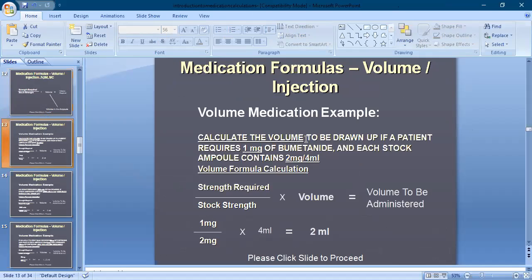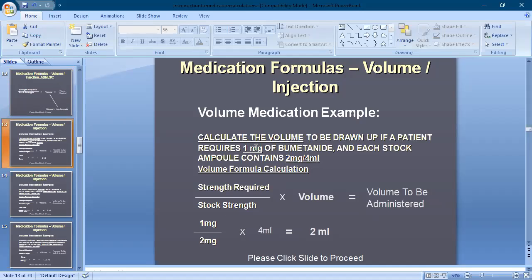Calculate the volume to be drawn up if a patient requires 1 milligram of bumetanide, and each stock ampoule contains 2 milligram in 4 ml. So 2 milligram is the medication in your hand, 4 ml is the volume, and 1 milligram is the doctor's order.